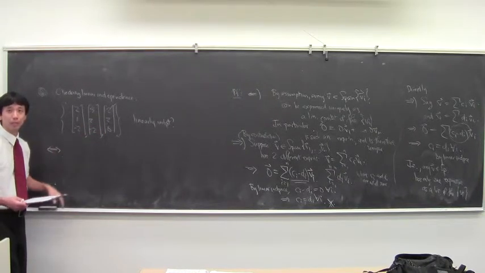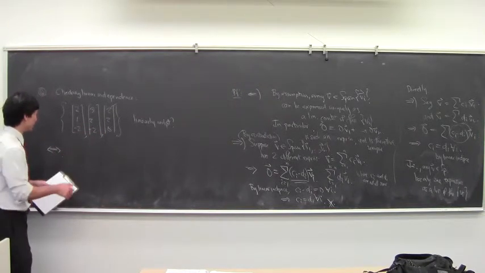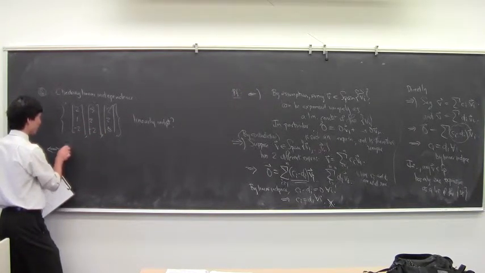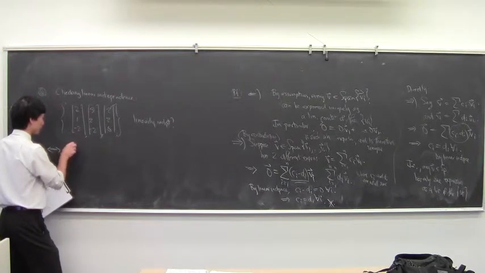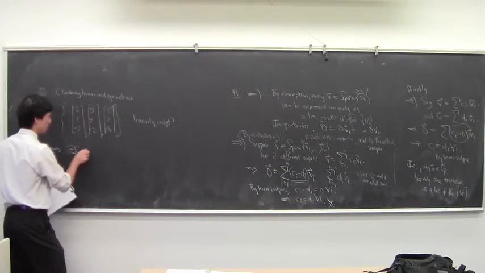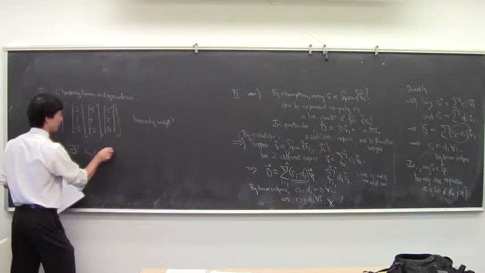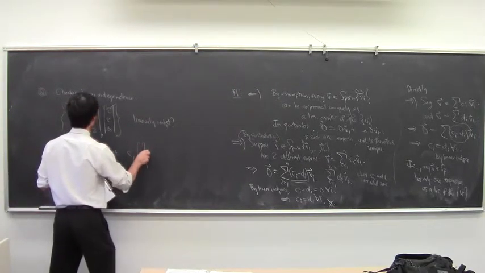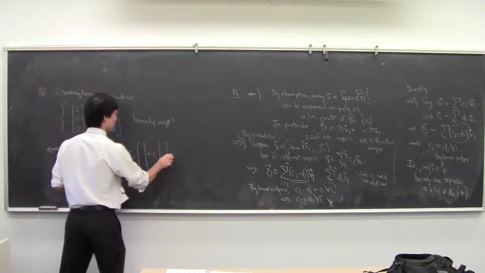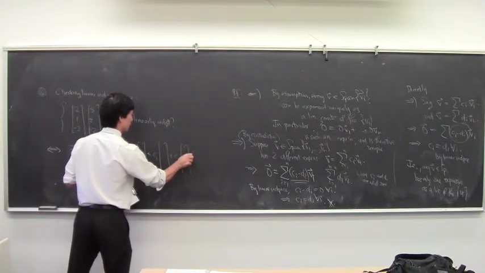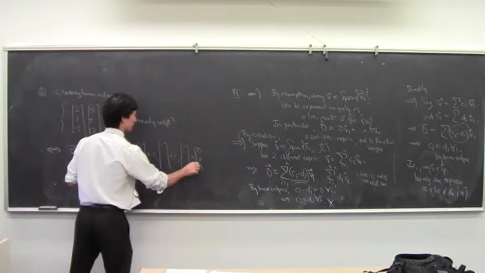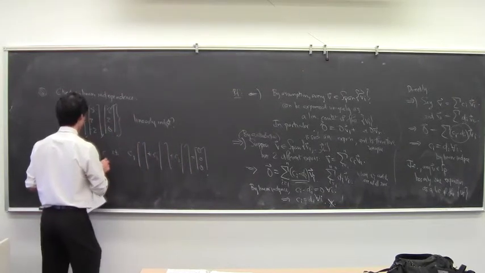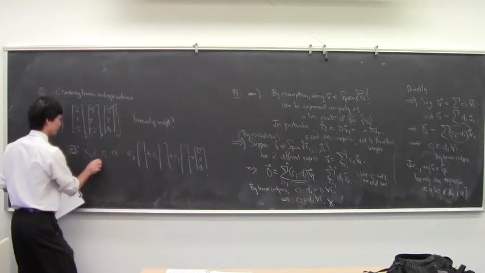Is there a non-trivial way to get the 0 vector as a combination? So we're asking, do there exist C1, C2, C3 such that C1 times the first guy plus C2 times the second guy plus C3 times the third guy is (0, 0, 0)? Not all 0.